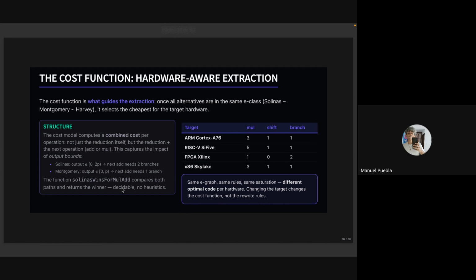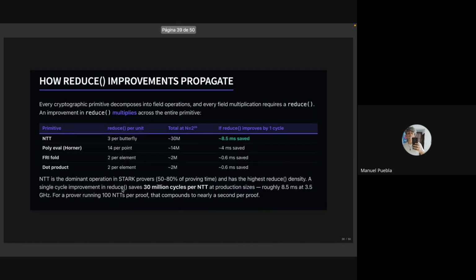At this point, we're only looking at cycles of the processor. So every primitive that we're going to consider takes field operations and also needs to implement the reduce operation. Improvements in that part alone multiply across the whole primitive. Just for you to have an idea, when you're talking about NTTs, if we have 3 cycles per butterfly, when you have production size, you're talking about 30 million cycles.